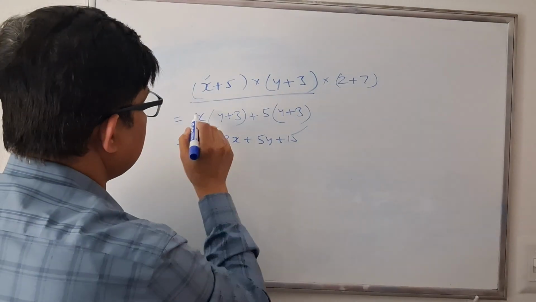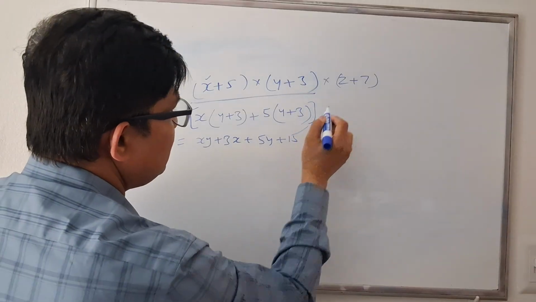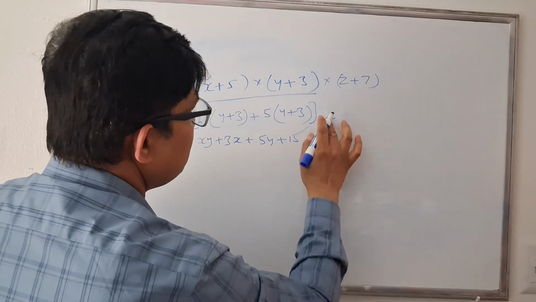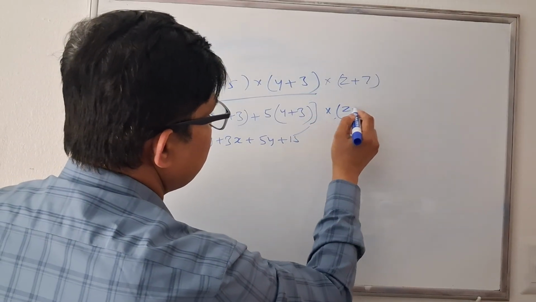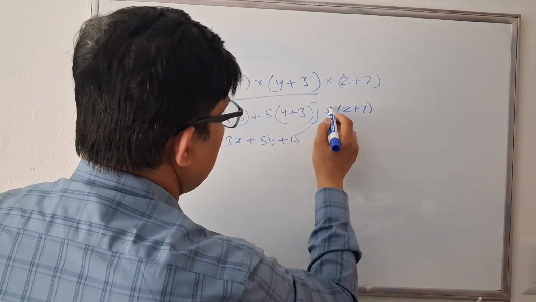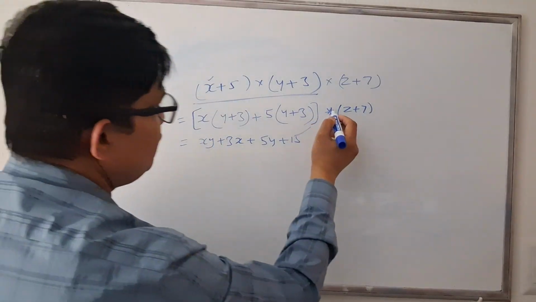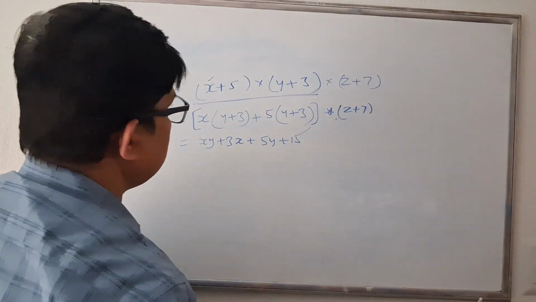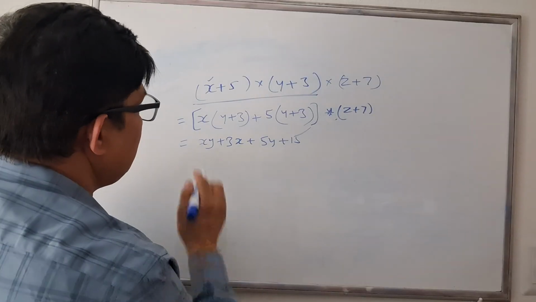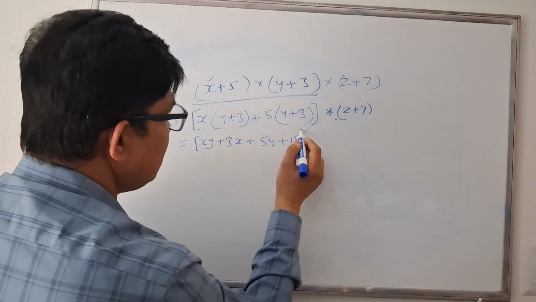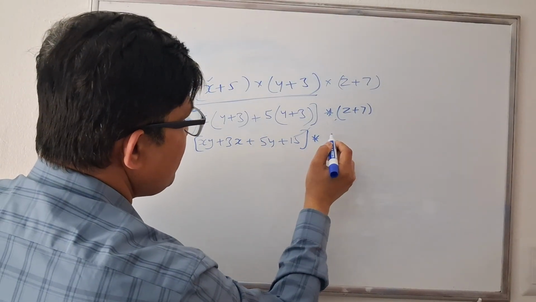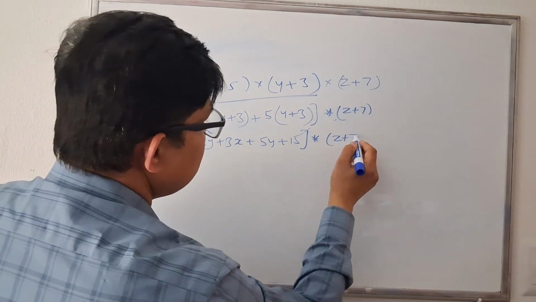I will start with the first two. So I will put a bracket here and then multiply by z plus 7. Let's use the star sign, otherwise we will get confused. Is it x or z? So solve this first and then multiply it by z plus 7.